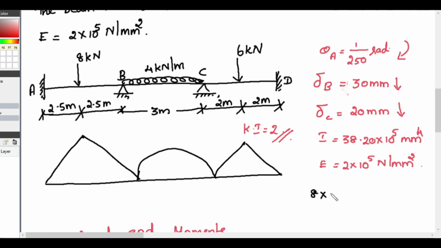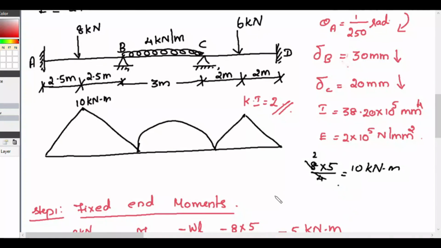So 8 into L, which is 5, divided by 4, we get 10 kilonewton meter. So this value is 10 kilonewton meter. In the span BC, it is WL square by 8. So W is 4, L square is 3 square, divided by 8.